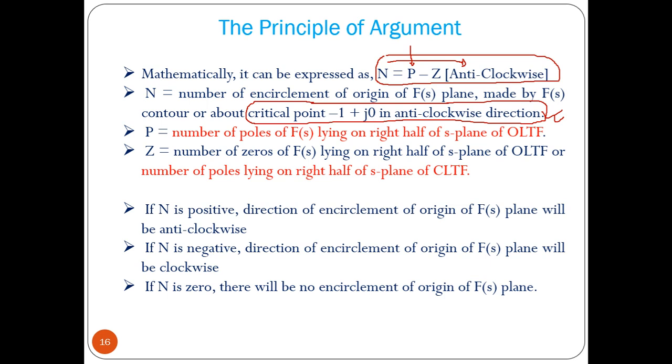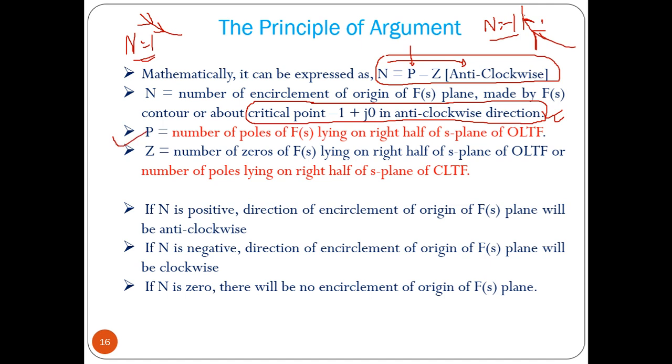So N is always anticlockwise. That means if you observe that the encirclement is in the clockwise direction, then that should be noted as N equal to minus 1, because N should be anticlockwise. Clockwise means negative. If the encirclement is in the anticlockwise direction, then you have to consider N equal to 1.